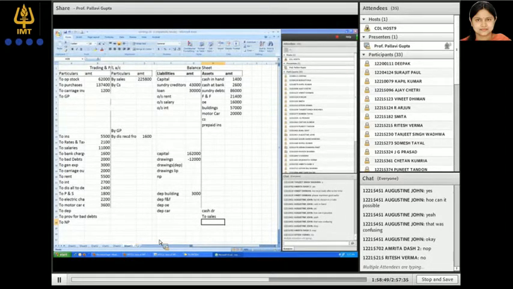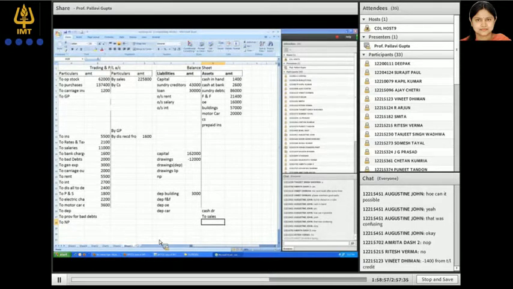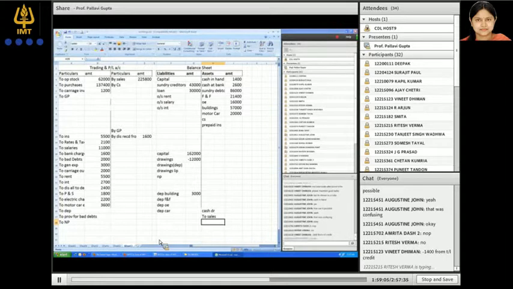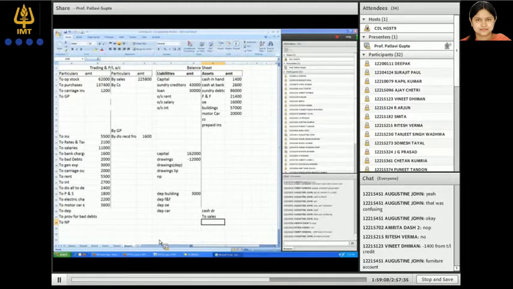What should be the entry then? Does the table route through the sales account? The entry should be cash debit to furniture account.